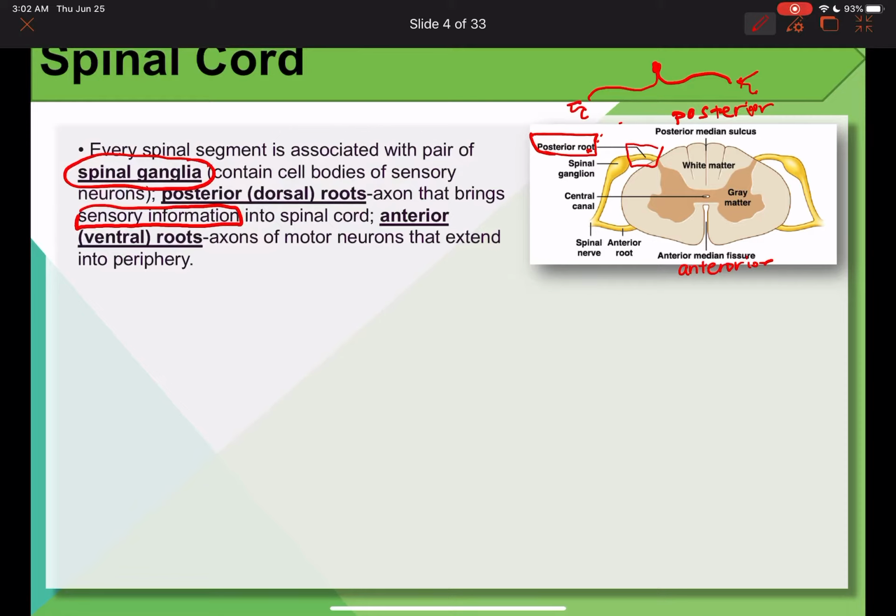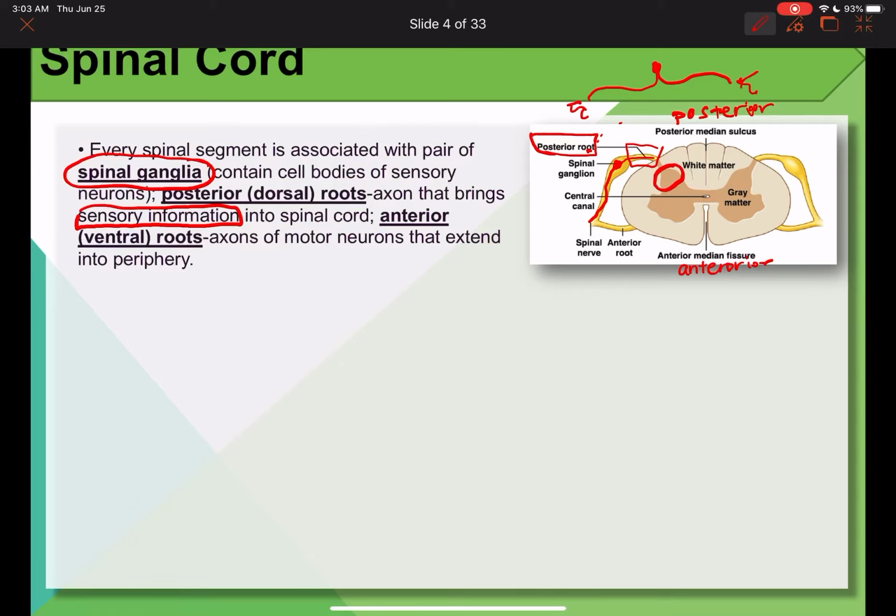There's sensory information versus motor information, and they can be carrying sensory or motor information from different parts of the body, and they're separated that way on the spinal cord and spinal nerves. Okay, so the posterior root is for axons that bring in sensory information coming from your body, and of course goes into what we'll later call the posterior horn of the gray matter.